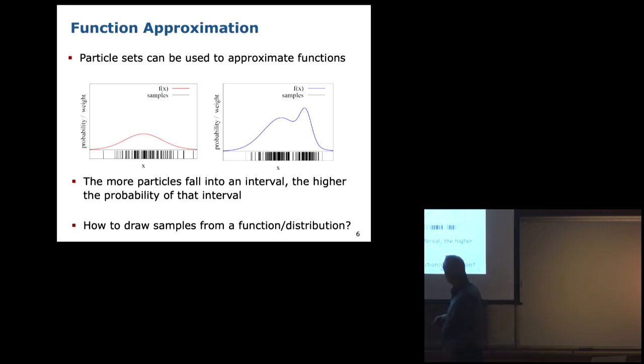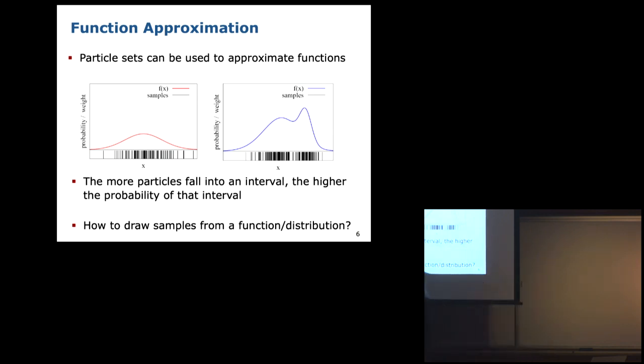Imagine that we have a distribution like this function f over here, and we want to represent it by samples. Then what we can do is have a higher density of hypotheses or particles in places where the function has a high value and a lower density where it has a low value.